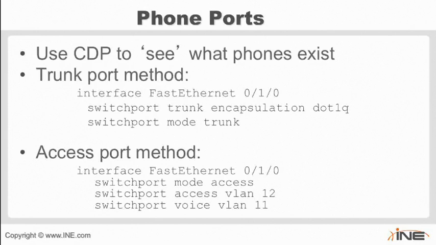Now, the thing with an access port is that it's not allowing trunking information, right? So if it's not allowing trunking information, then how are we distinguishing between two different VLANs? How are we actually sending data on two different VLANs? Well, the truth is that anytime we enter the command switchport voice vlan 11, or switchport voice vlan whatever, the voice VLAN ID is transmitted in CDP to the phone.